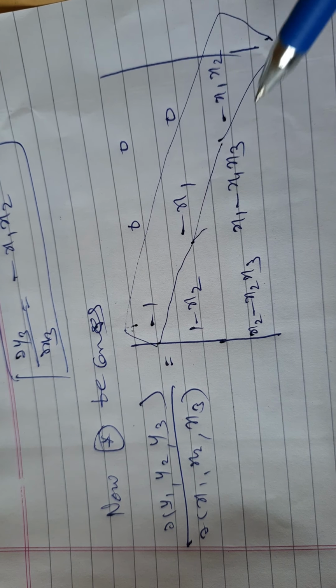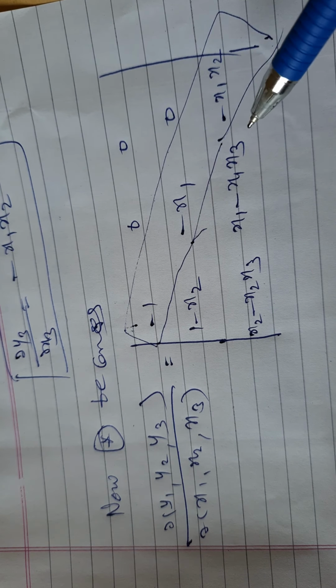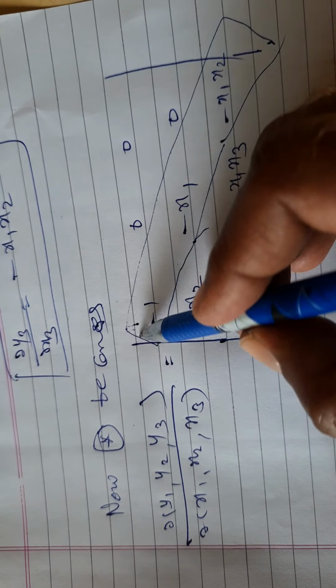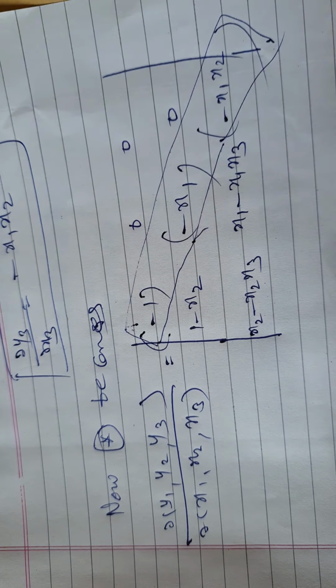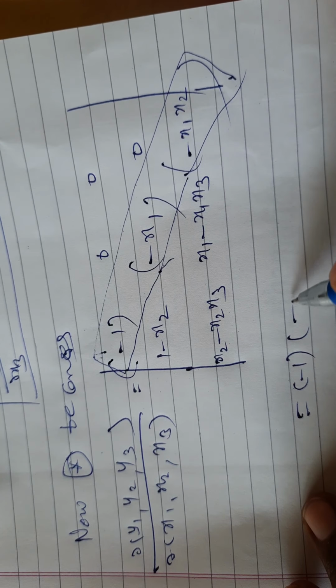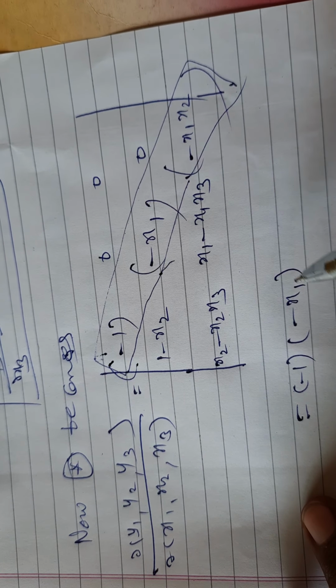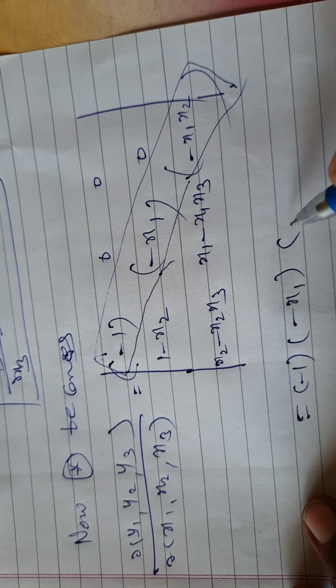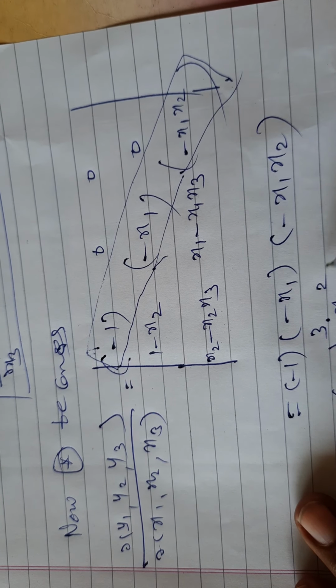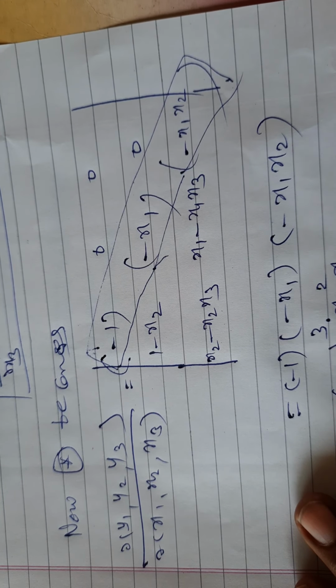Hence the value of the determinant of this matrix is simply the product of the diagonal elements, so there is no need to expand fully. Simply, minus 1 three times, x1 two times and x2 single time.